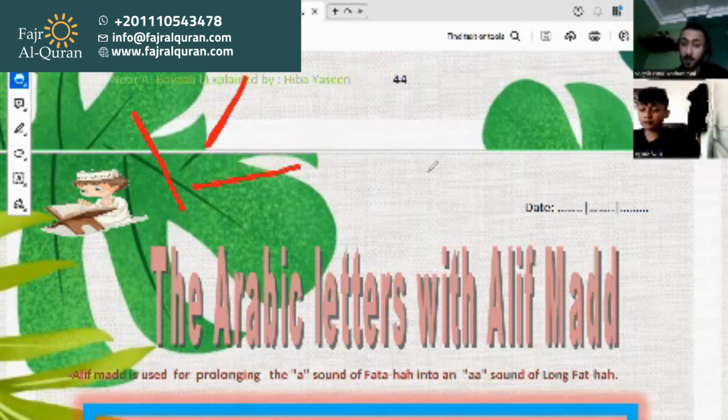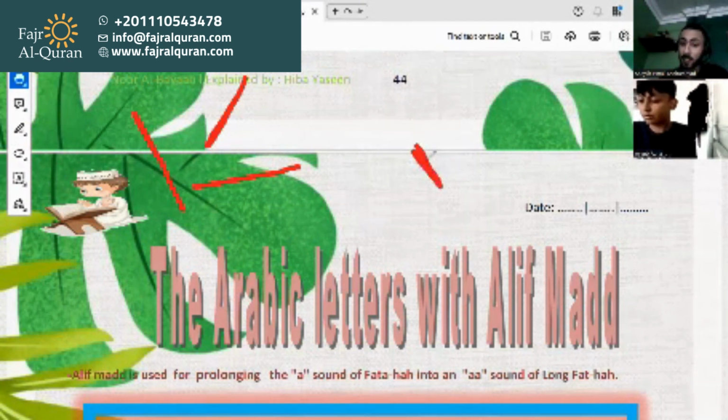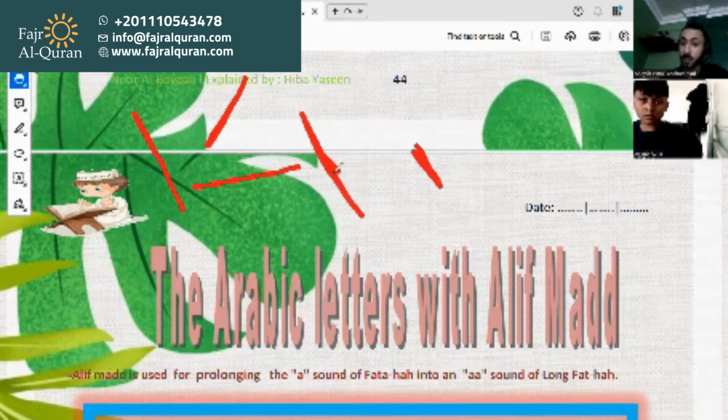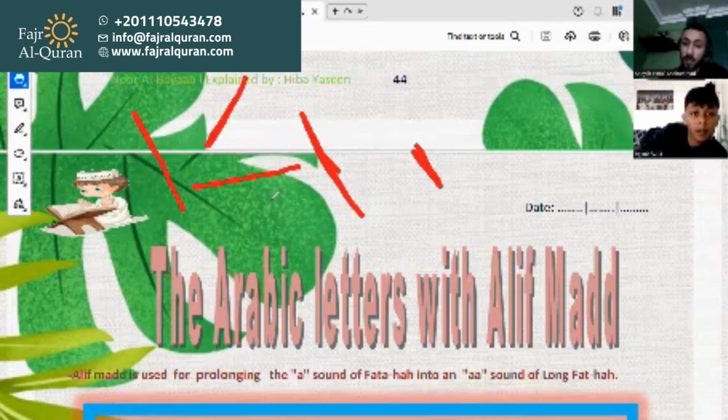And other times, we're going to find a tiny line preceded by the same letter with fatha. We are going to treat this one as though it's a straight line, and you're going to immediately stretch the sound for 2 counts either. But we have something exceptional here. Other times, you're going to find this tiny line coming on top of ya and wow.